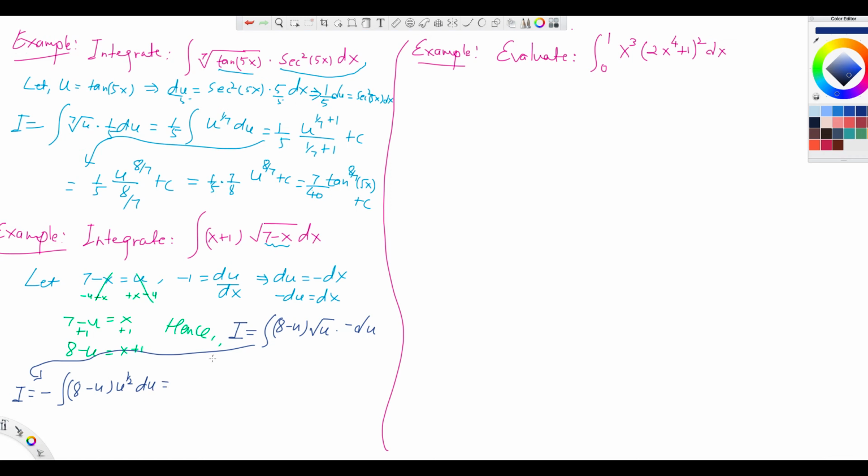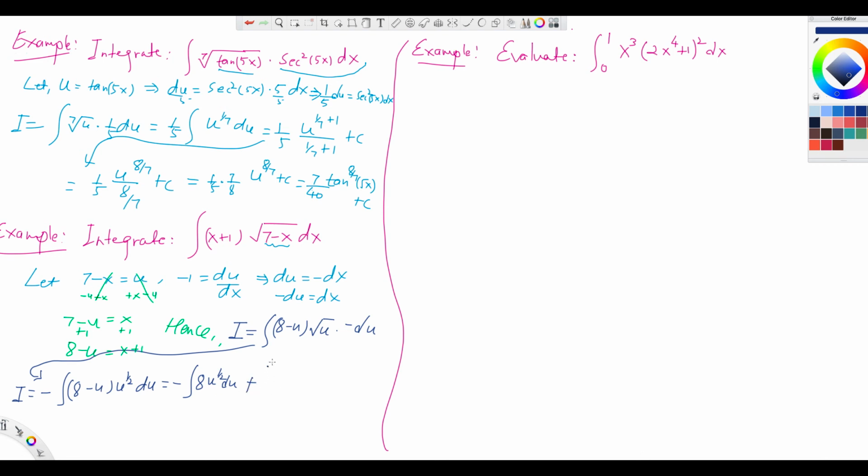How do I do this? I need to distribute this to both 8 and u, right? So negative 8u to the 1/2 du, and then minus, oh, that will be plus, right? Because negative times negative is positive, right? You can write that as positive.